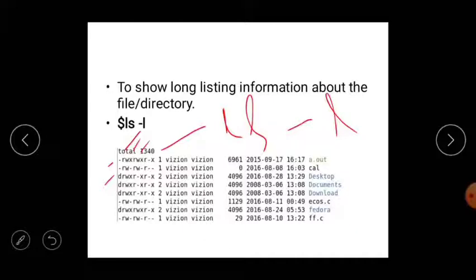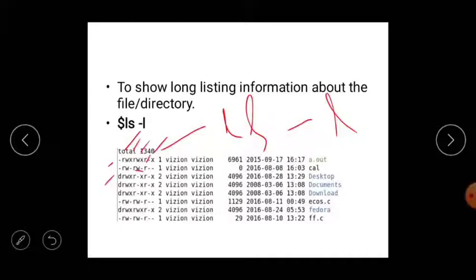Next, RW is there, this is only read and write. This is the owner. This is also the owner. The next one is the user. Here the user can read and execute. We cannot change here. Read, execute.